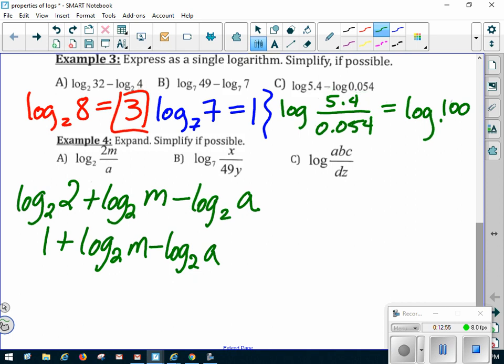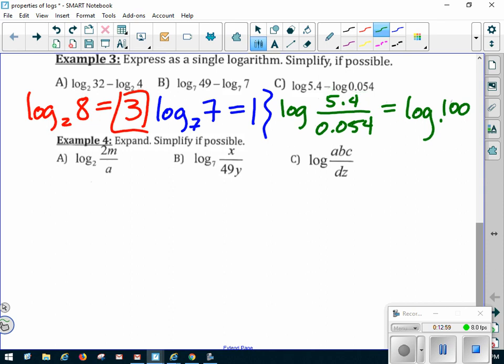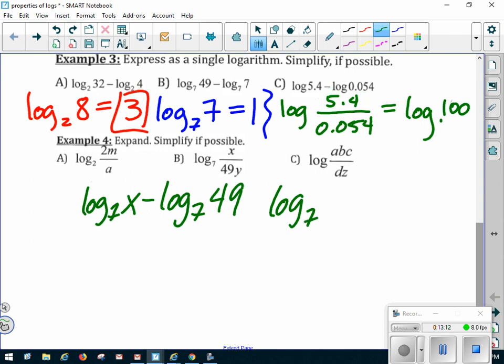Let's look at B. Log base 7 of x. Now I want to talk right here. Yes, you have a plus because the 49 was multiplied by y. Why would that negative have to distribute?